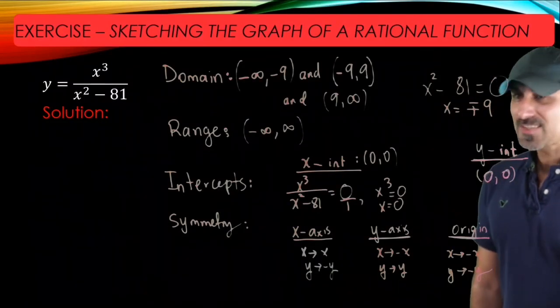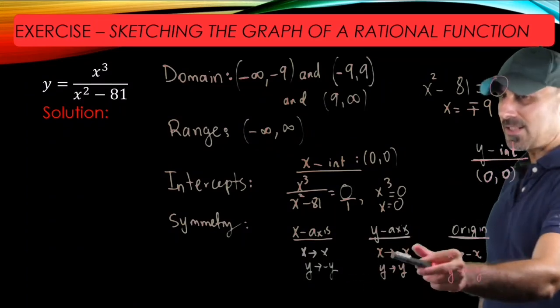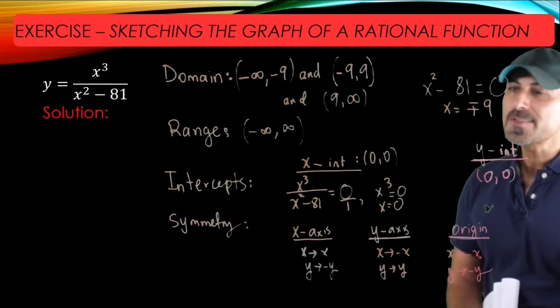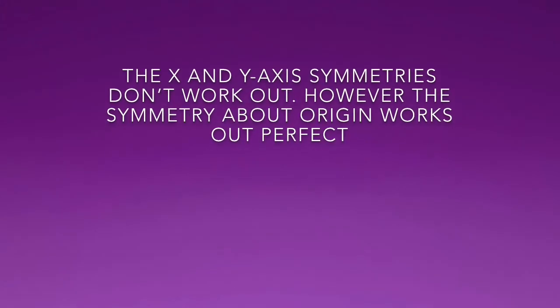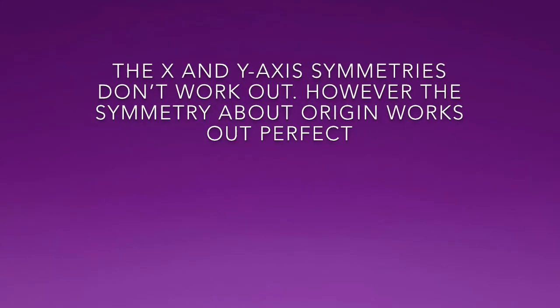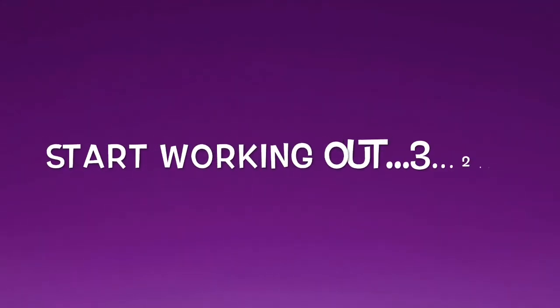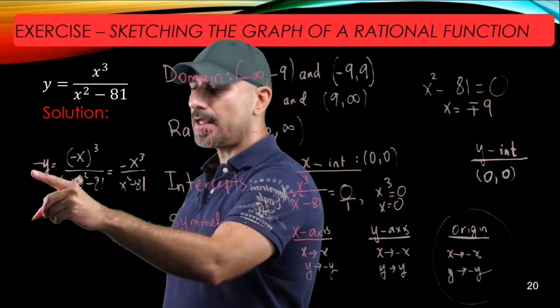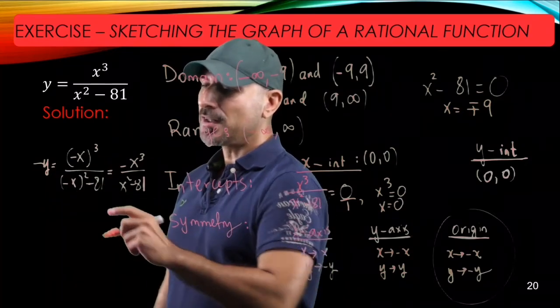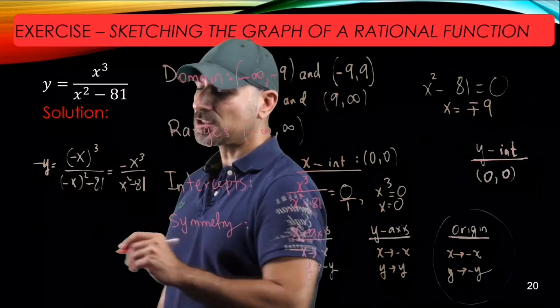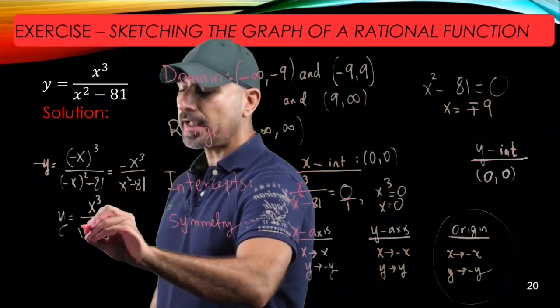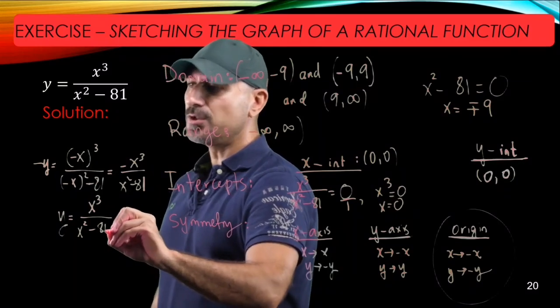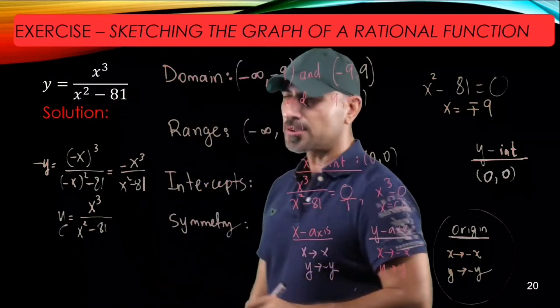Well, at this moment, stop the video and try each case and convince yourself that we have the symmetry about the origin. And then the left-hand side is minus y. But if you multiply both sides by minus 1, you get y equals x cubed divided by x squared minus 81, which is exactly the same as this function description.